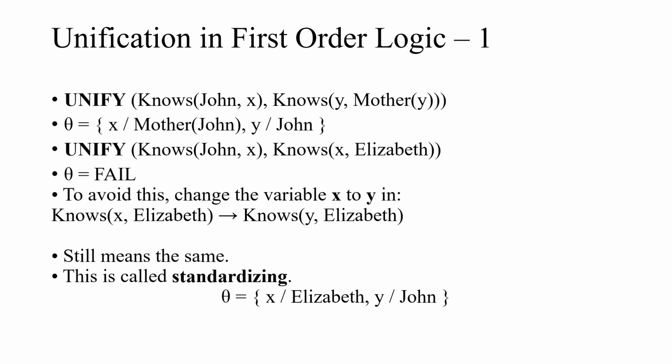So how do we store the variable? Theta equals x is given by Elizabeth, y is given by John. Here we can use the standardizing technique. We can use y as a new variable name for assigning this different kind of variable here. So this is the process of the critical term.